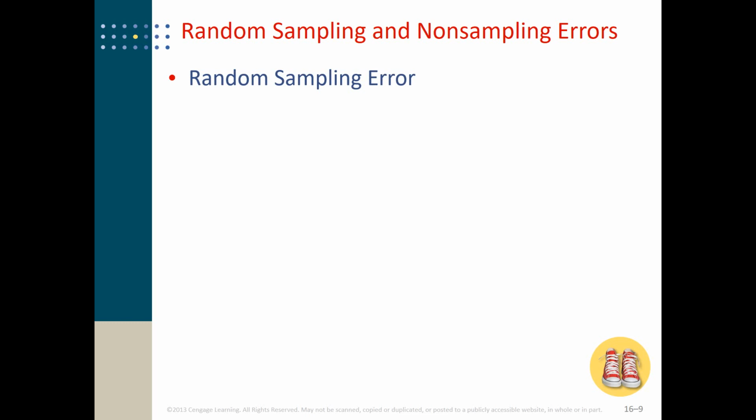What? That I have taken only the average of 10 students rather than all the 50 students. So that is random sampling error. If there is a difference between the average of these 10 students and the average of all 50 students, then that is the random sampling error.